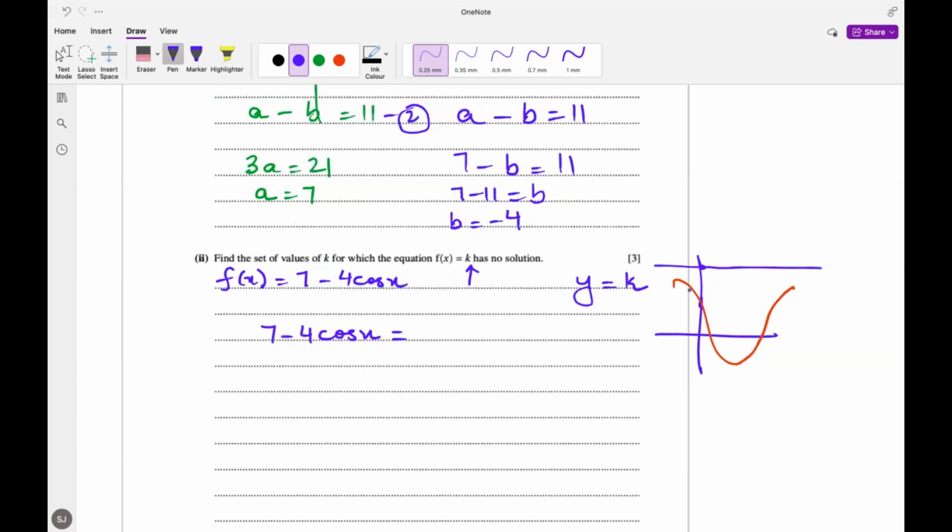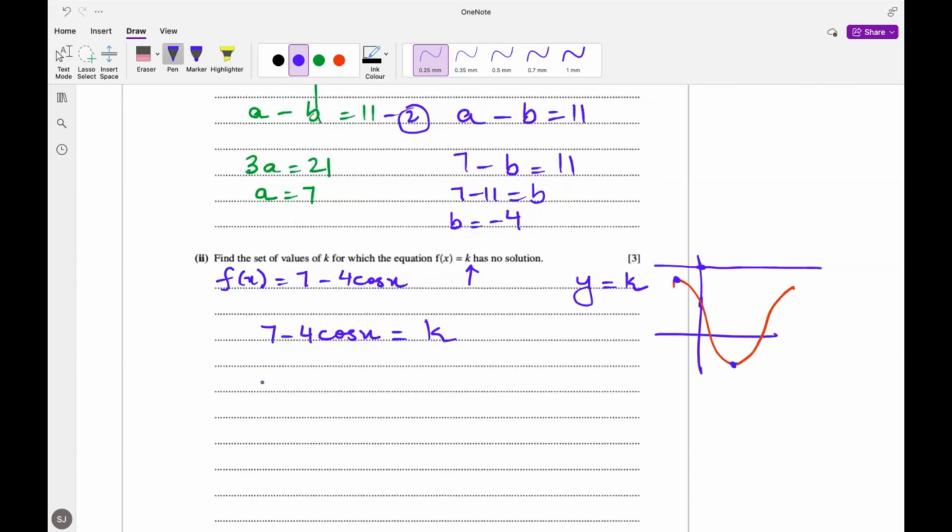It means that this point on the y-axis must be above the graph or below the graph where it does not intersect. So we will write 7 minus 4 cos of x equals k. Now to find this value of k, we'll try and find the maximum point and the minimum point of the curve.